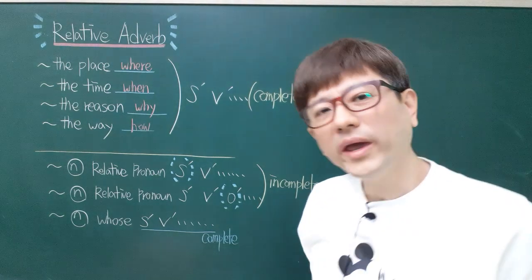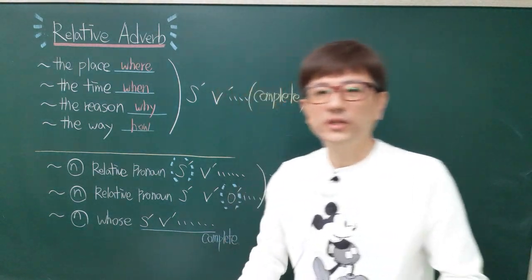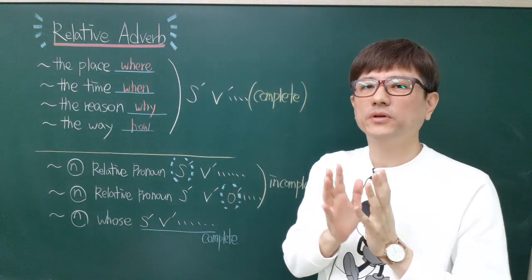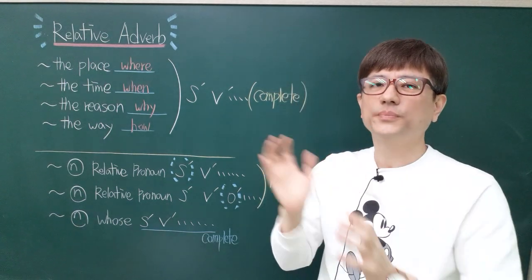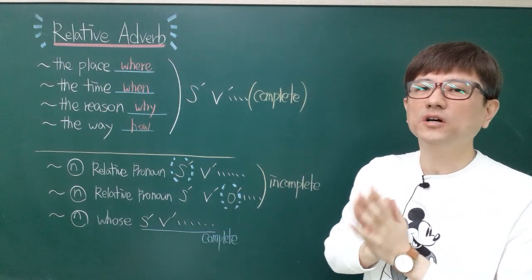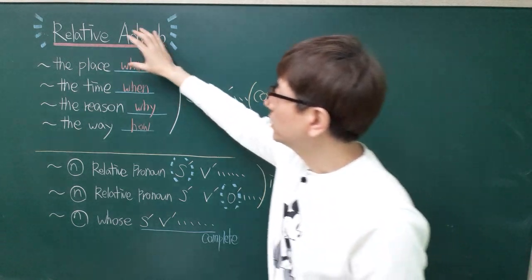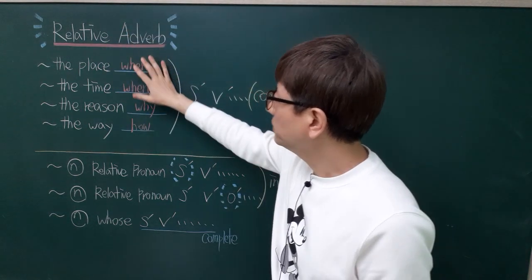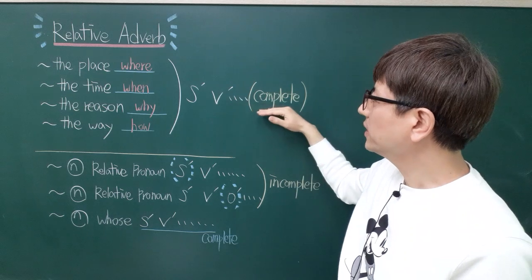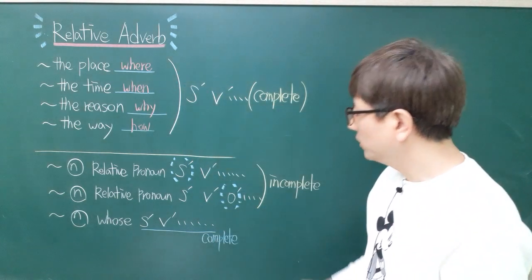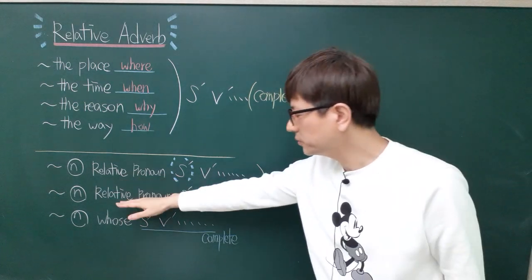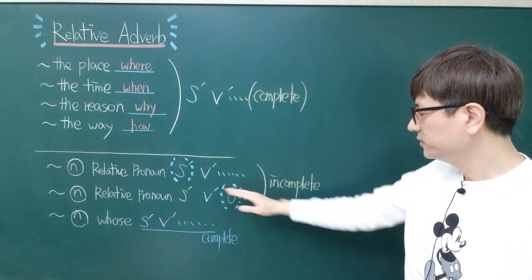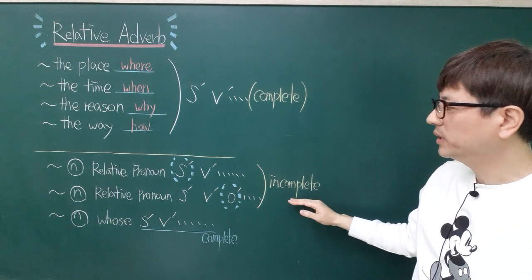The way you distinguish between them is to check whether the sentence behind it is complete or incomplete. Usually, a relative adverb has a complete sentence behind it. On the other hand, a relative pronoun has an incomplete sentence behind it.